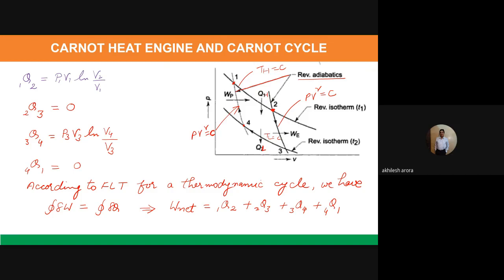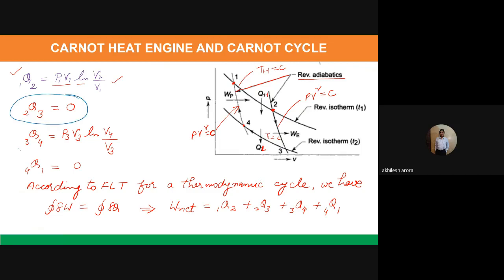Okay, so now we are going to write the various heat transfer terms. The first is the Q1 to 2, or heat transfer during the process 1 to 2. Now if you remember the equation of the heat transfer, it is equal to P1 V1 log natural V2 by V1. And if you see the process 2 to 3, 2 to 3 is a reversible adiabatic process. So in this particular case, the value of heat transfer will be 0.